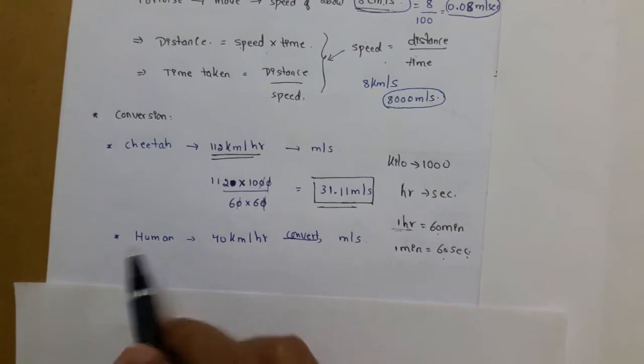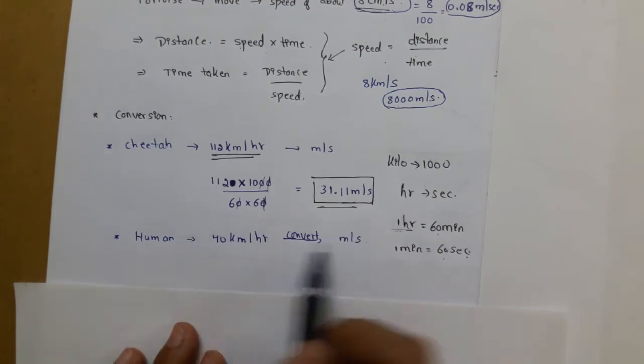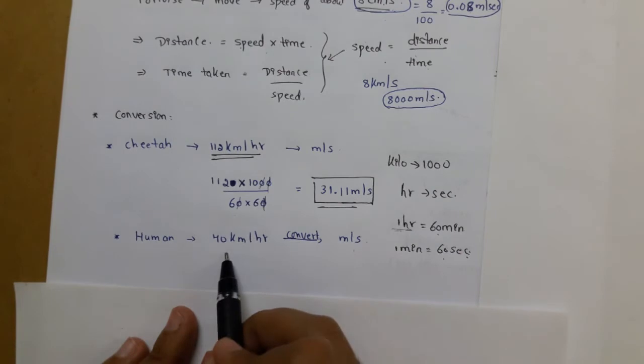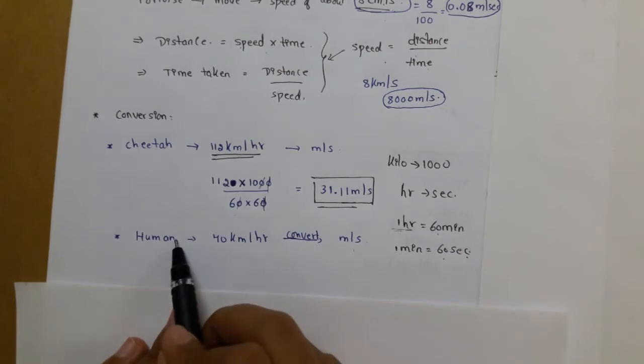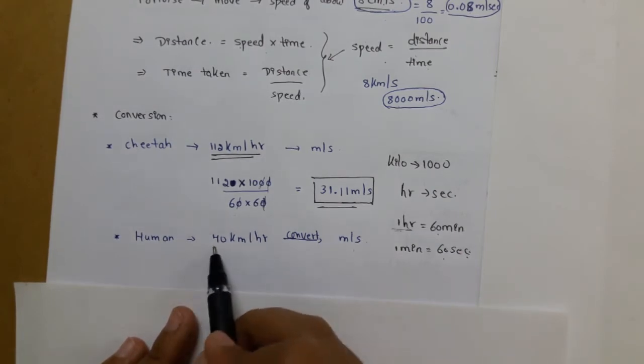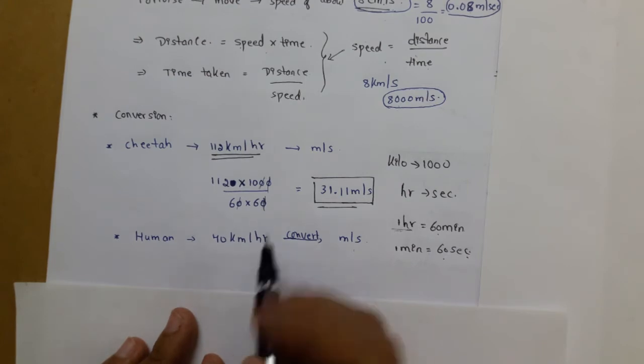Similarly, let's convert the speed of a human into meter per second. Let us assume the human is running at the speed of 40 km per hour.